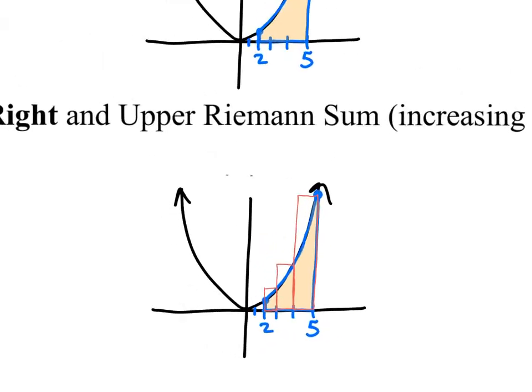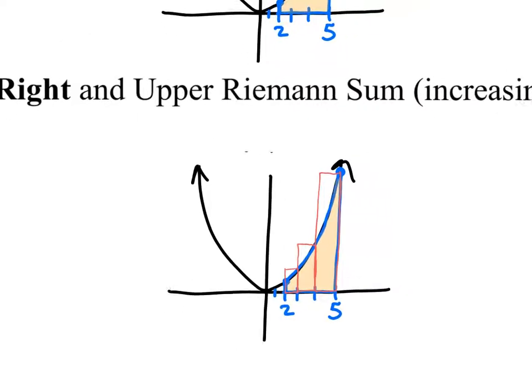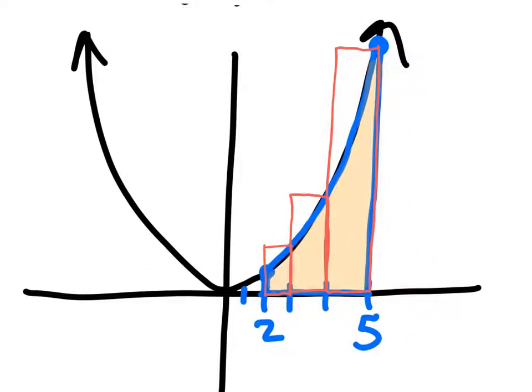Now that's why this is called the right Riemann sum, because I'm using the right sides of the rectangles to find my heights. Okay? Because if you think about it, because I made 3 rectangles, how wide is each one of them? 1 unit, okay? So this rectangle, this rectangle, this rectangle, they're all 1 unit apart, 1 unit wide.